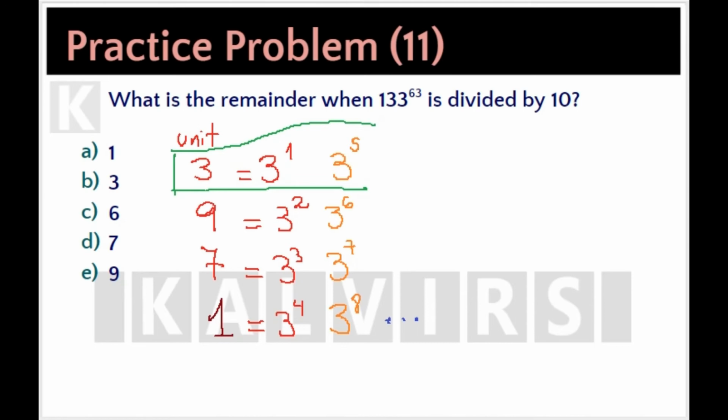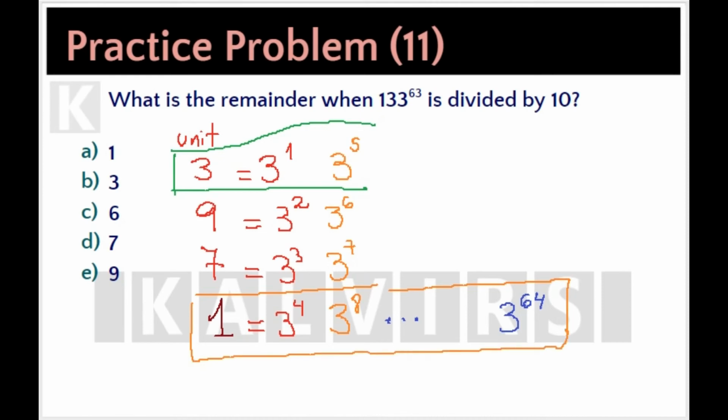Therefore, 3 to the 64th power must be on the last row, and 3 to the 63rd power must be on the first row.